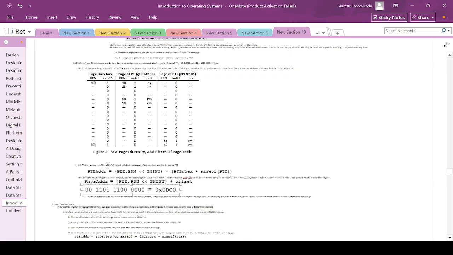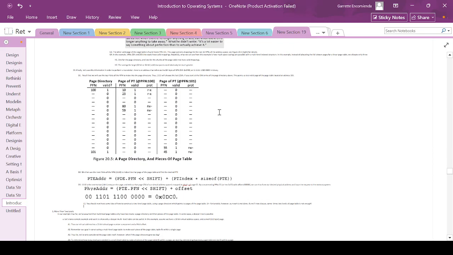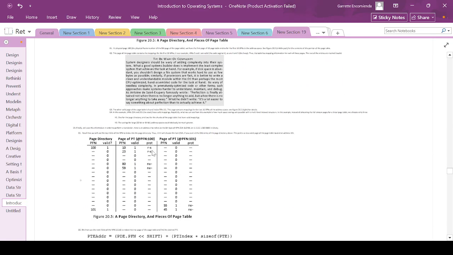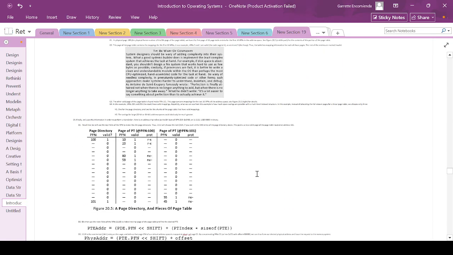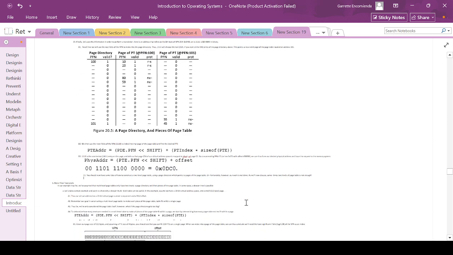Then we use the next 4 bits of the VPN, 1110, to index into the page of the page table, which is here. This is the page, and it was represented in a different way earlier. So PTE address equals PDE.pfn shifted, plus the page table index times the size of a PTE.